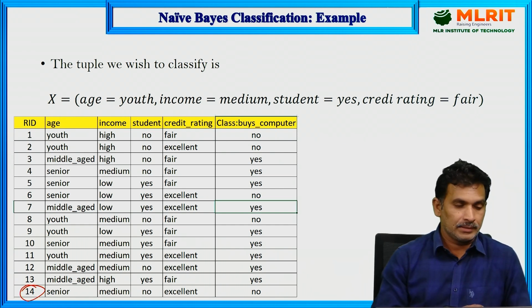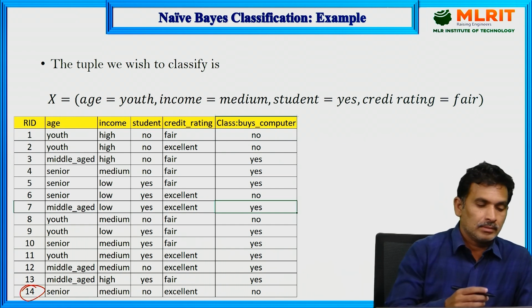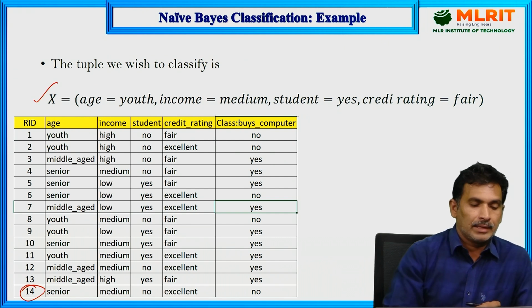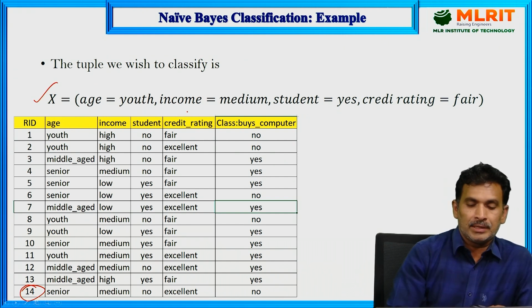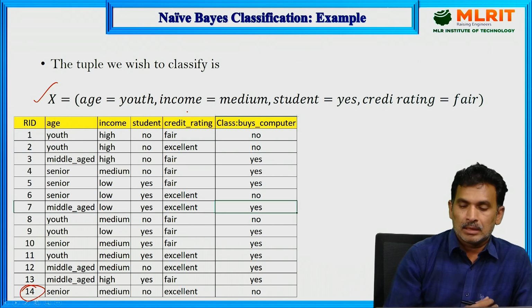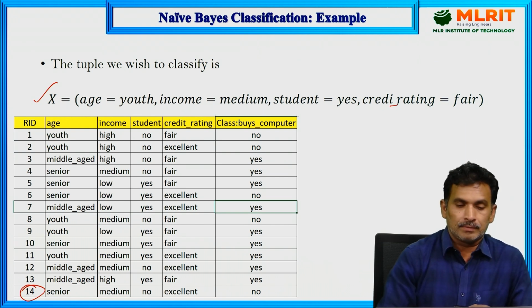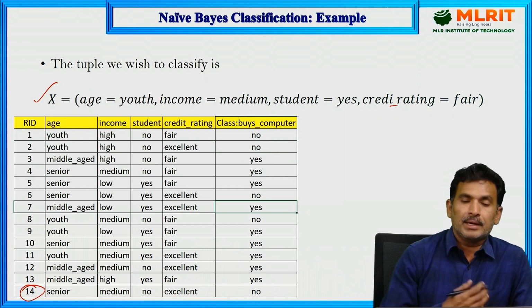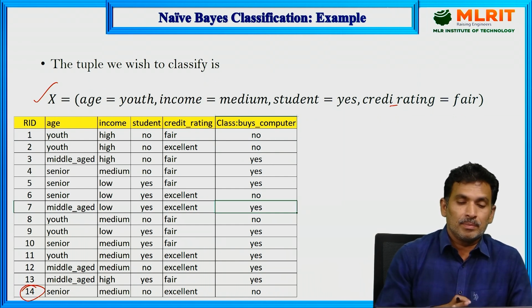The tuple we wish to classify is x, where x equals age is youth, income is medium, student is yes, and credit rating is fair. Then we are going to predict the class label of this tuple using Naive Bayes classification.